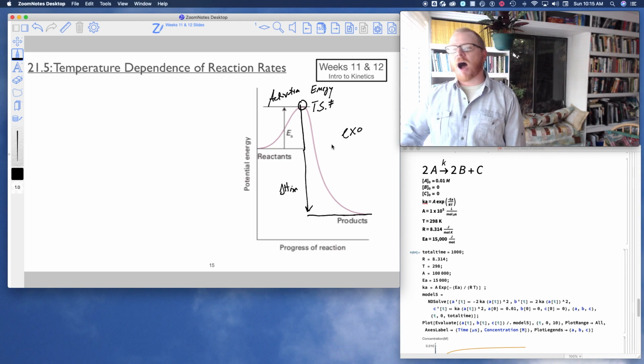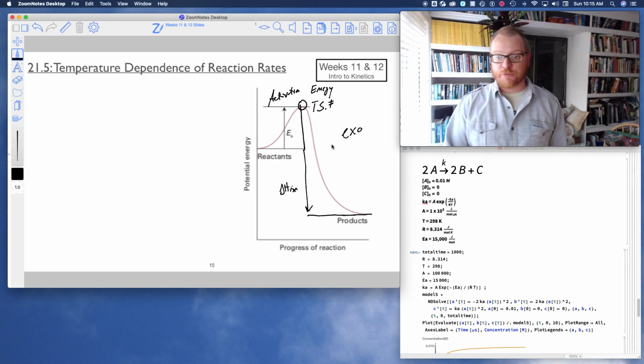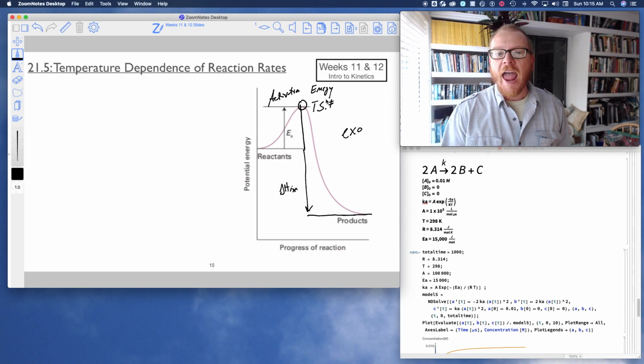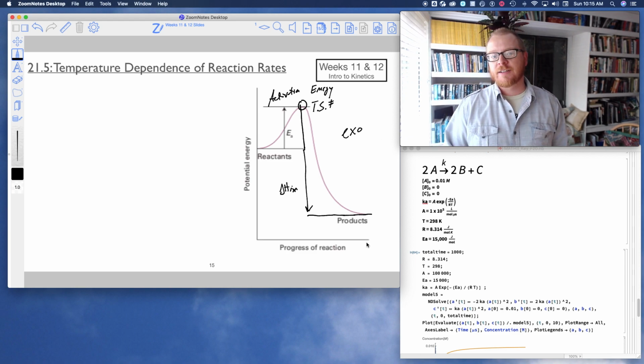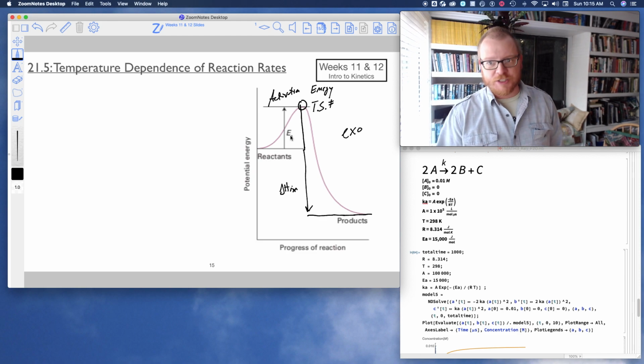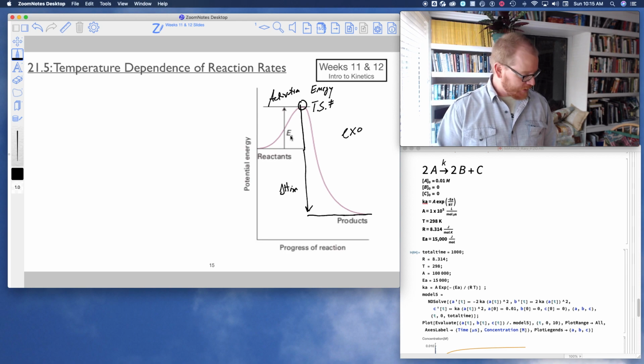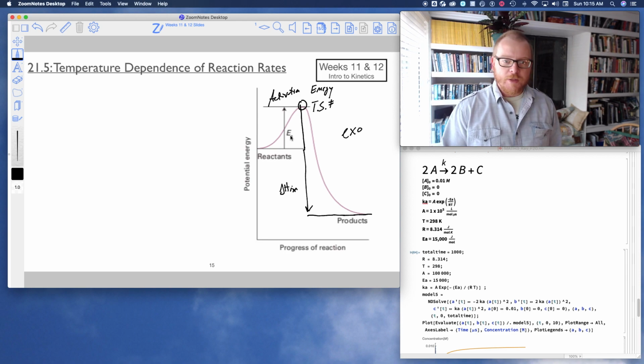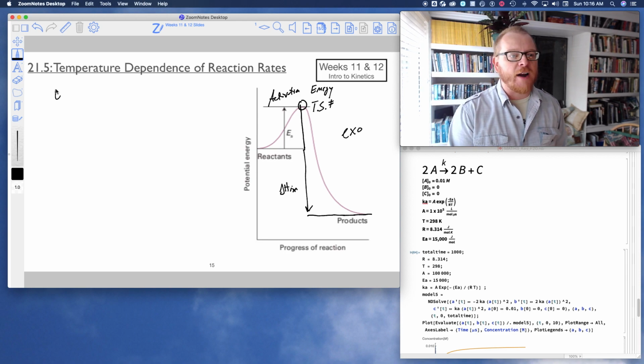So it's some unstable complex that forms and then quickly decays off to products. We're going to get into this whole transition state in a lot more detail in the next coming sections. Okay. So, but EA, that is our activation energy.